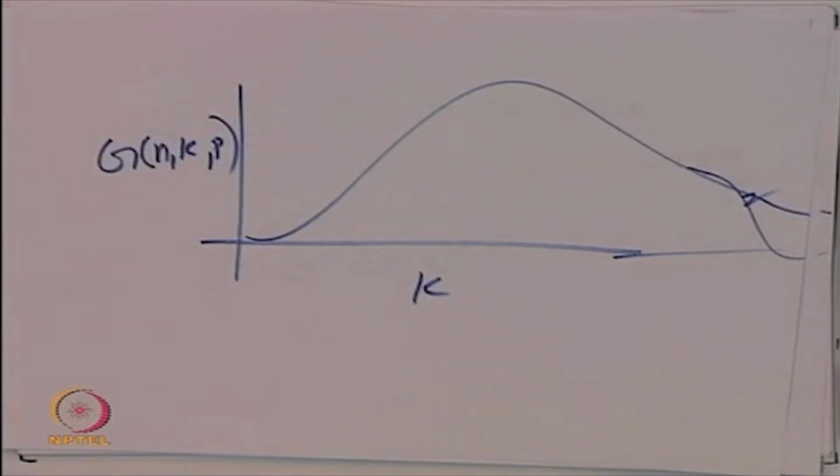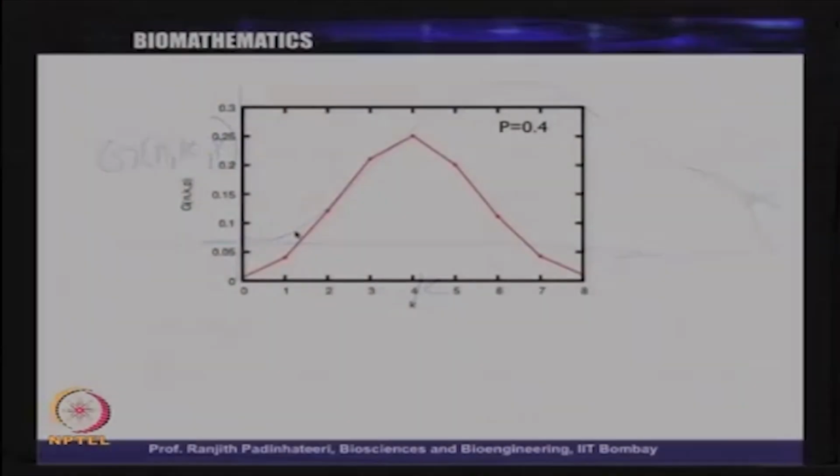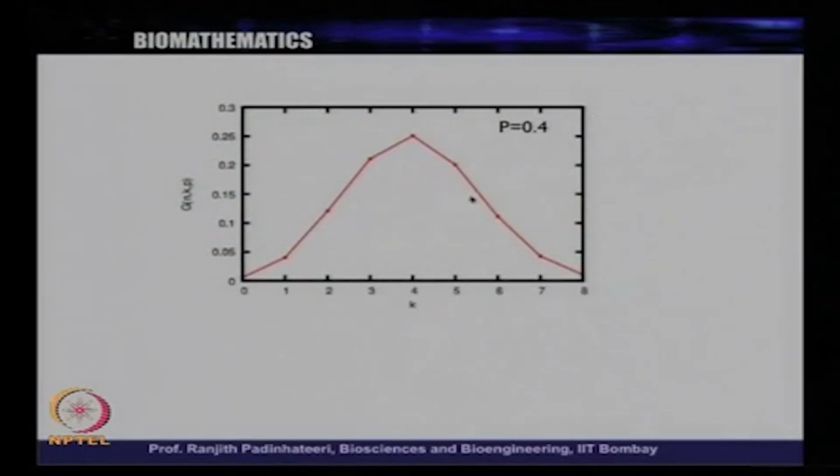Here is a curve for p equal to 0.4. This is the plot, the red line here, for 10 individuals, with various k values.